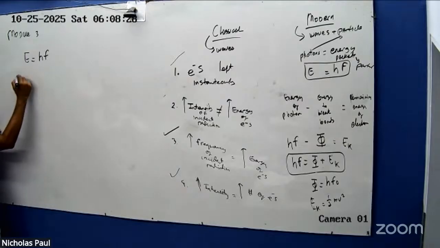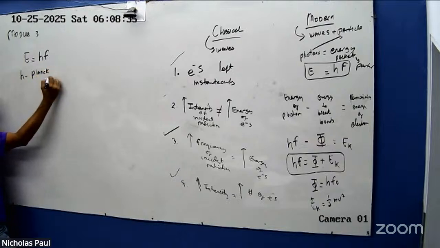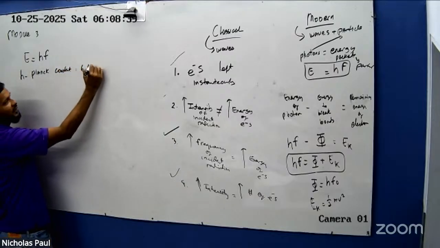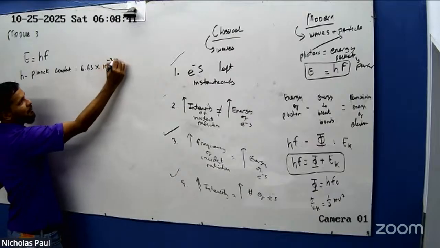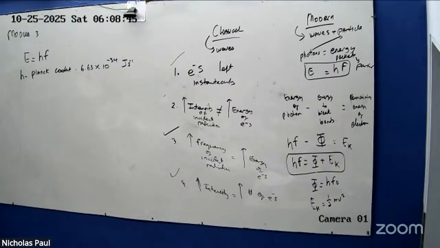Number one, h is Planck's constant, and the value is 6.63 by 10 to the minus 34. That's Planck's constant. But here's the problem.